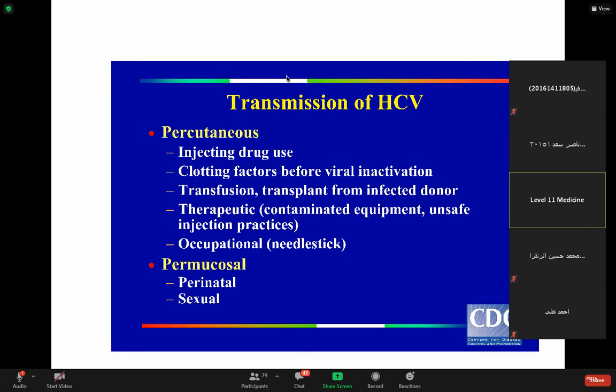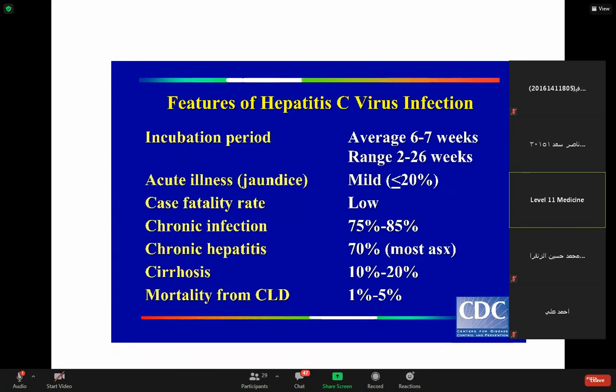Blood transfusion, as well as transplant from an infected donor, as well as contaminated equipment or unsafe injection practice, as well as, of course, the needle stick, and this is in our practice. Permucosal, we're talking about perinatal again, or sexual intercourse.